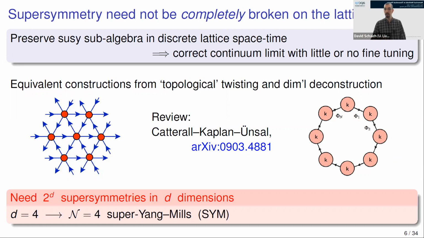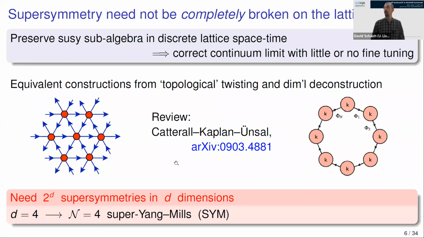So there are 2 ways of going about this construction, either from so-called topological twisting or from dimensional deconstruction. I won't say anything about those topics. There's a nice review from over 10 years ago now.